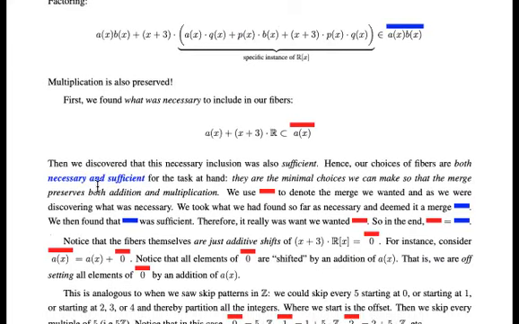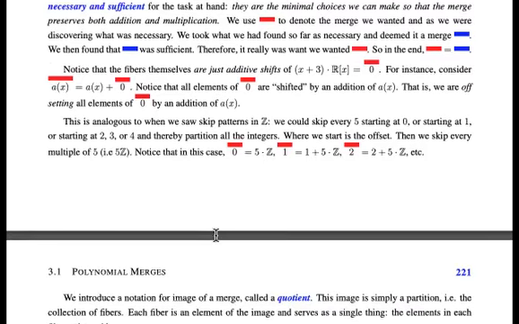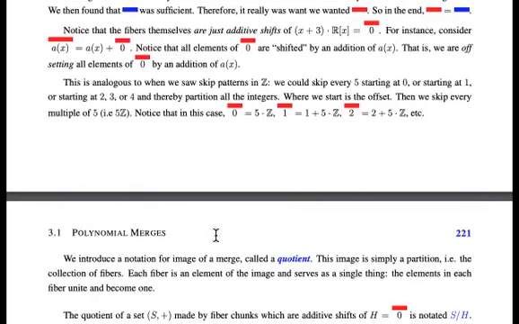So having the merged blue bar, the fiber chunks right there, was what was necessarily in the red bar chunks. And then we showed that that was sufficient for what needed to be in the red bar chunks, by showing that the operations of addition and multiplication were actually preserved. Okay, some notation.